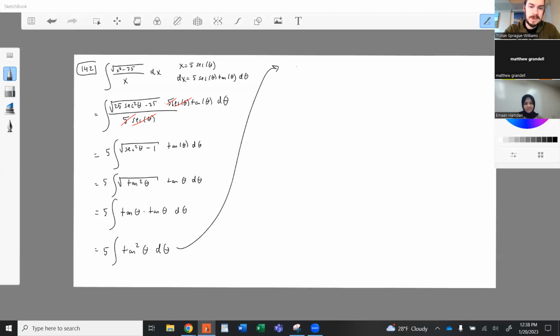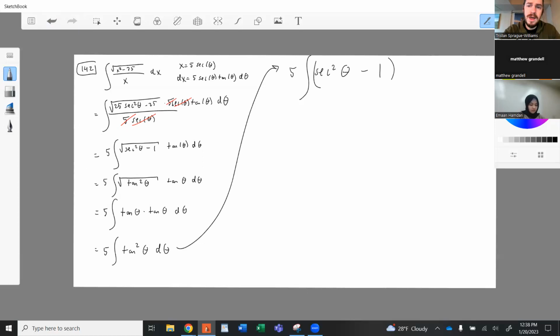Yeah. So, okay. So how do we integrate tangent squared? Well, I think getting back to that Pythagorean identity is helpful because you can replace tangent squared by secant squared minus 1, so basically undoing the same kind of substitution we did over here, right? Going back.